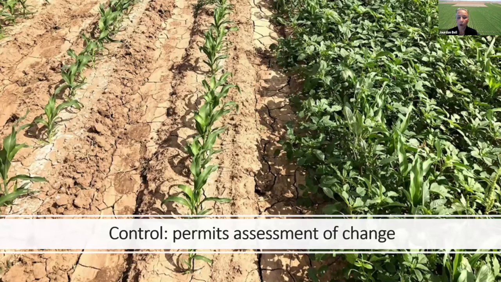And then, of course, we also want to make sure that we have our control, and that provides us a point of measure. It allows us to assess change. Now, when we are doing variety trials, or hybrid trials, sometimes we will include the producer's variety or the producer's hybrid, depending on what they are growing, and that does provide him a check.